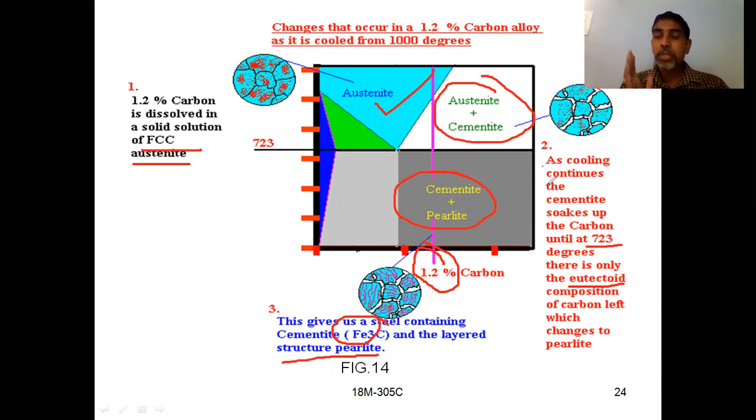If you take one composition of carbon, it exists in different structures at different temperatures. That is our interest. In the coming sessions, we are going to discuss elaborately what is austenite, what is cementite, what is pearlite, what is ferrite, what is ledeburite, what is martensite, all these things.